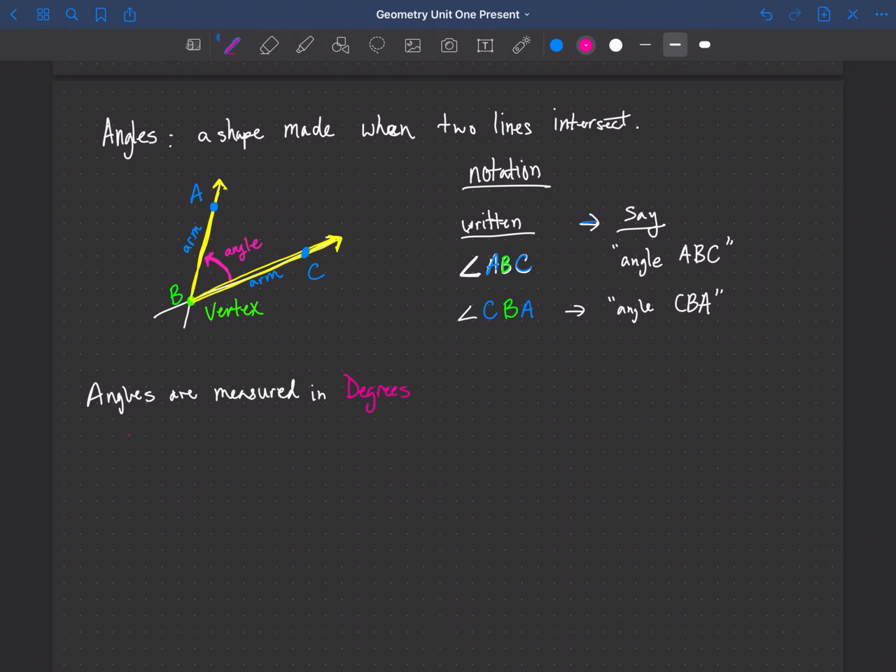So we need to know how to measure the angle as well. We measure angles by degrees.